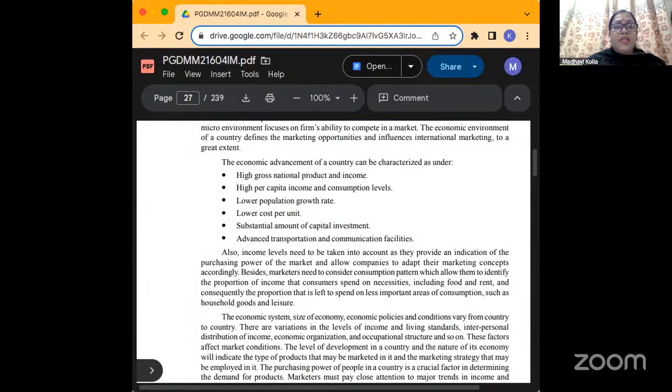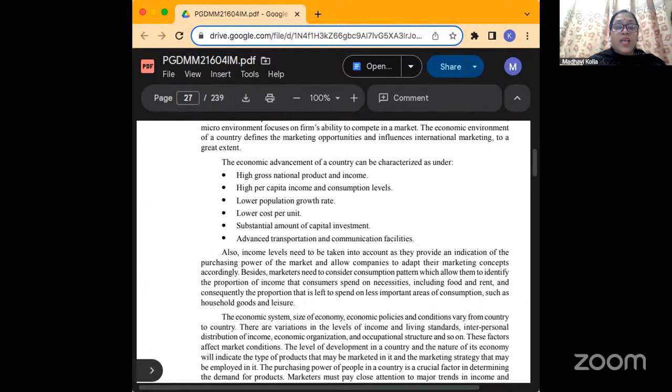The third one is the lower population growth rate. So here, when we are talking of lower population growth rate, if you see countries like, say, China, which was one of the most populous nations in the world, now actually the growth rate of the individual has come down.